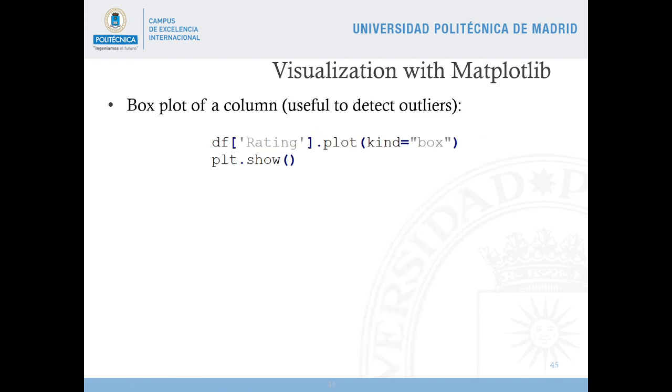And now the box plot, which is very, very, very useful, as I said, for detecting outliers. You can inspect the outliers with a visual inspection, like with a box plot, and then you can obtain where the outliers are by using the filter that I wrote before. But before, it's better to identify the outliers visually.